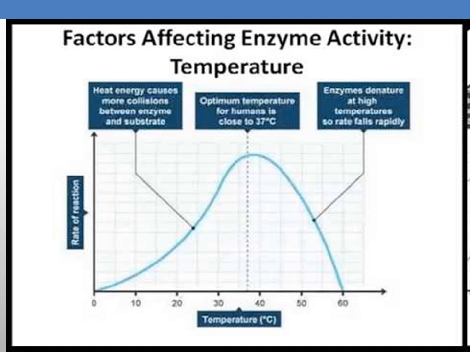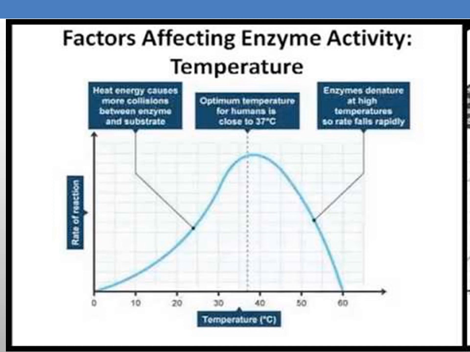Next, how temperature affects enzyme activity. The graph shows the temperature on the x-axis and the rate of the reaction, the velocity of the reaction, on the y-axis. As the temperature increases, the heat energy increases, so more collisions between the enzyme and substrate, but it reaches a maximum.